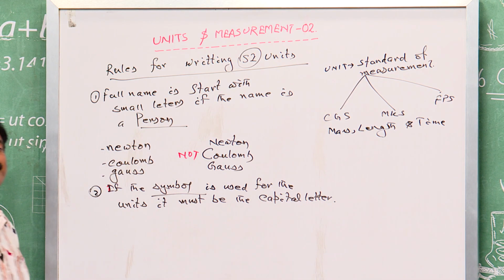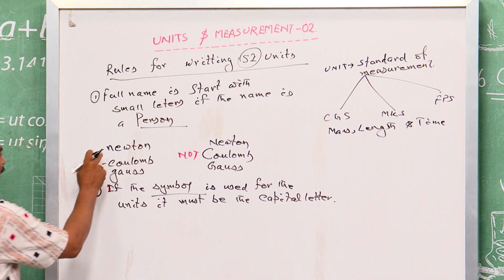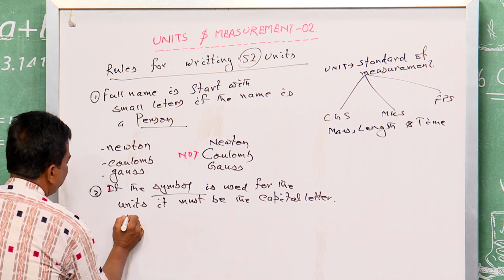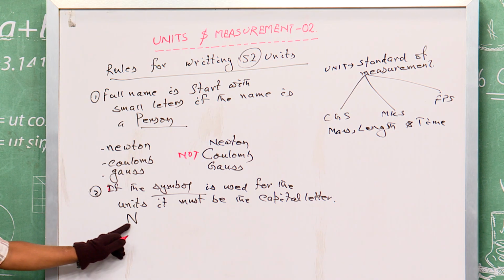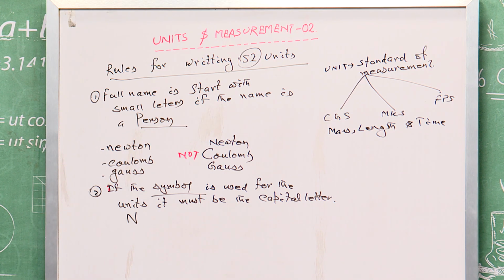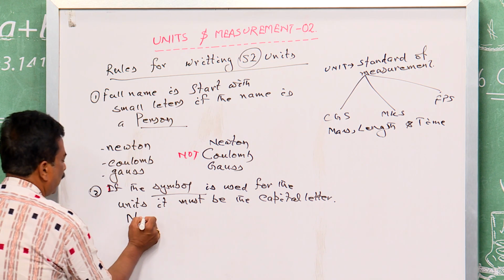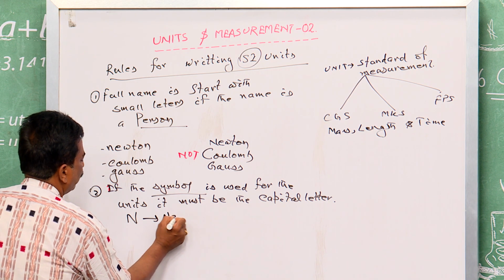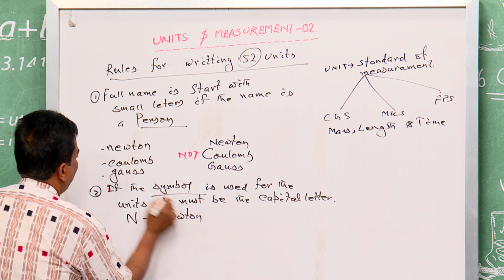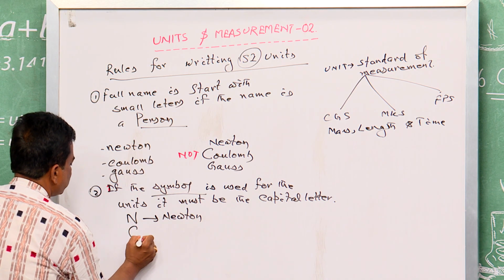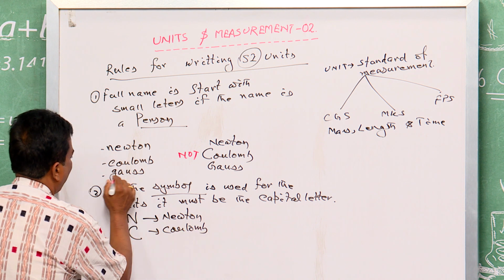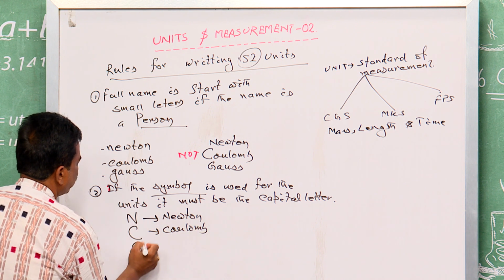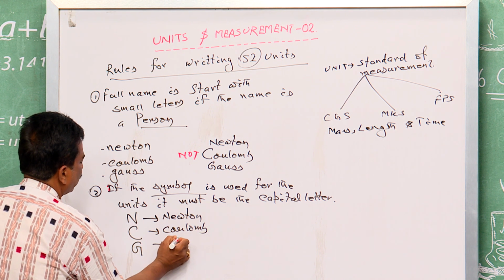If newton is symbolically used, then you have to write capital N. So, this is N for newton, and similarly for coulomb, this is capital C, and for gauss, that is capital G.